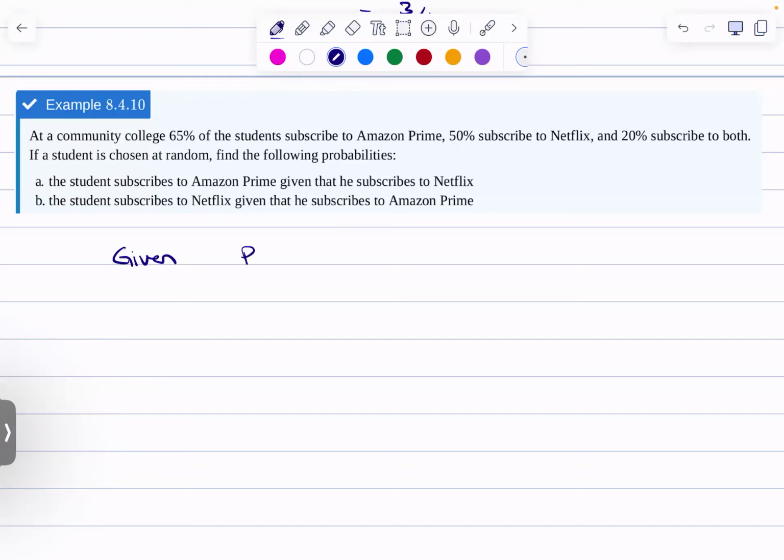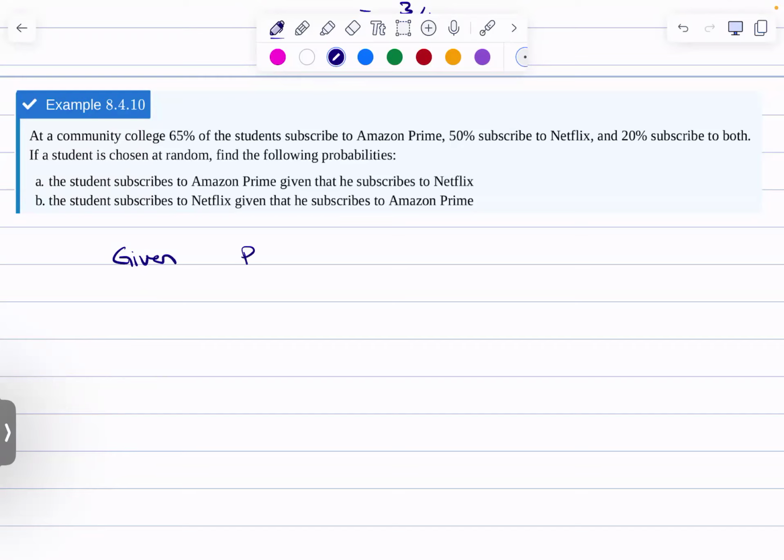Let's see. Maybe we can get there. Might be hard though. We want to find the probability that the student subscribes to Amazon Prime given that he subscribes to Netflix. So your first thing is mapping this out into notation, right?